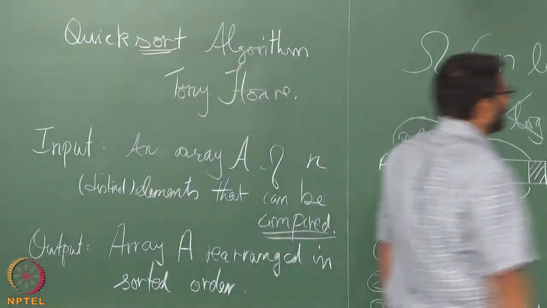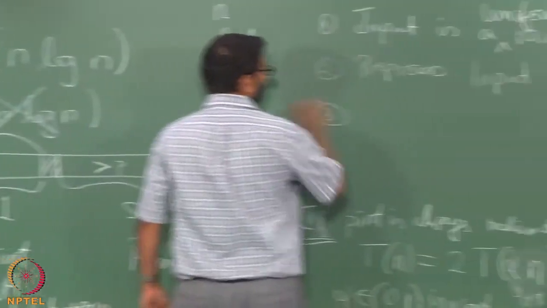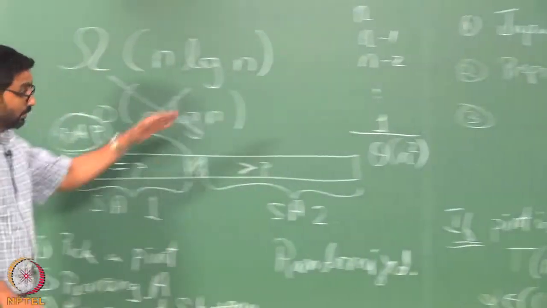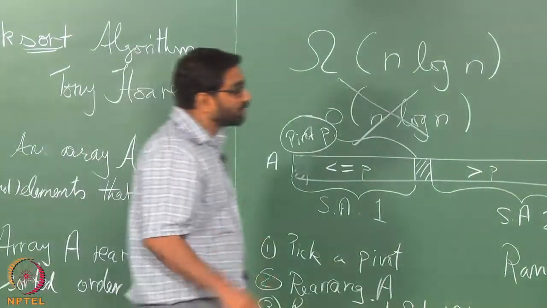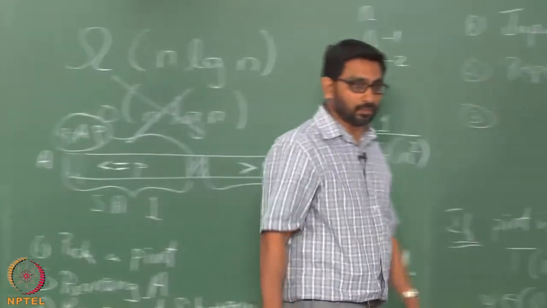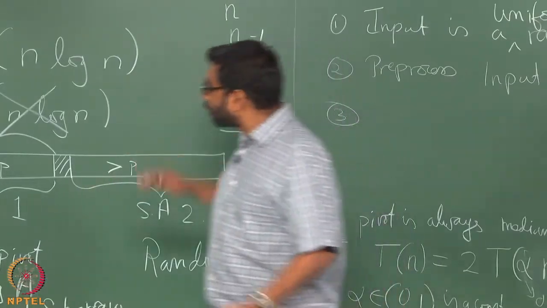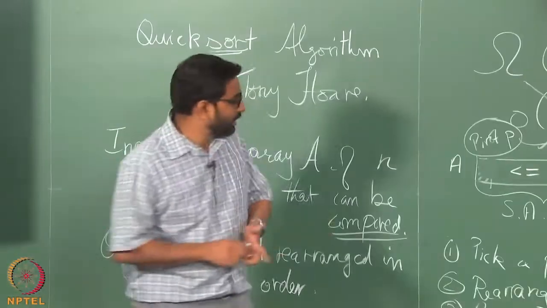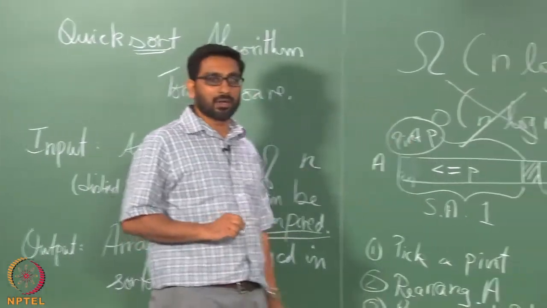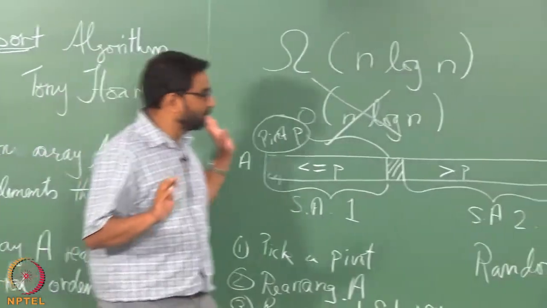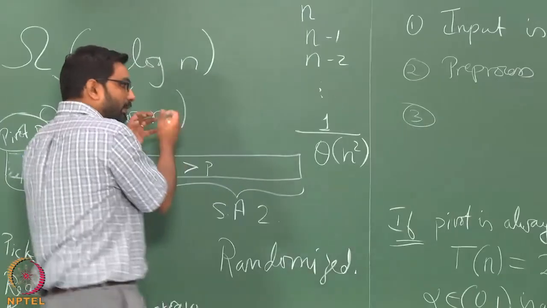So the third possibility is that you actually do the randomization within the algorithm. The algorithm is no longer going to pick the pivot as the first element in the array. Neither is it going to pick the element always as the last element or any deterministic way.